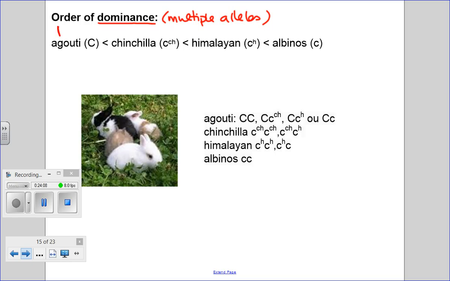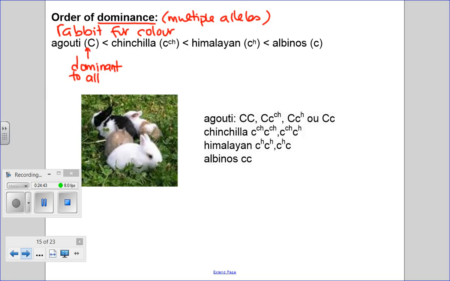In cute little rabbit fur color, there are 4 different alleles: agouti, chinchilla, Himalayan, and albino. And they have an order of dominance. This is the dominant allele. It's a capital letter, so it is dominant to everything else.